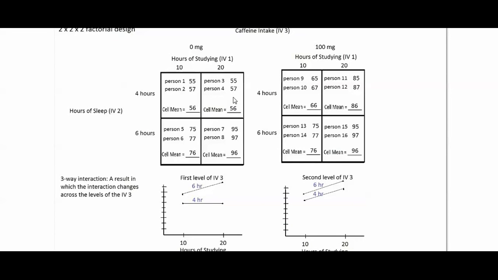In order to see if there's a 3-way interaction, you have to go back to this grid where each cell includes 2 people, and you're looking at all 8 cells. And this grid is the first level of IV3. This grid is the second level of IV3. And you plot these 4 cell means in a graph, and these 4 cell means in a graph.